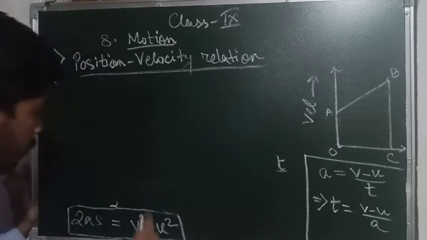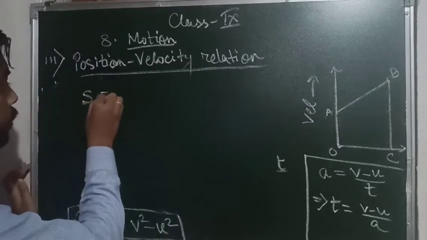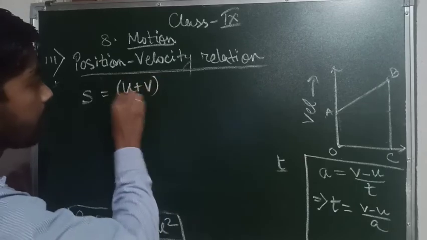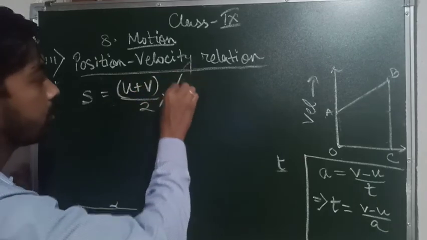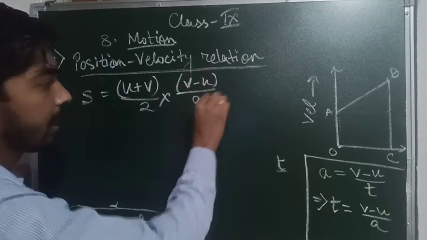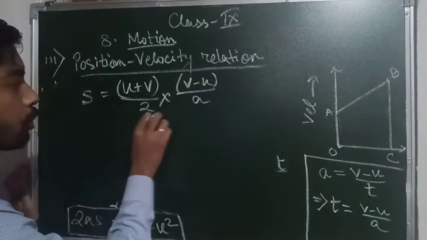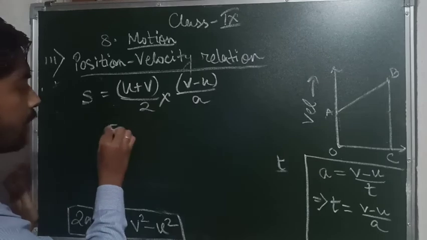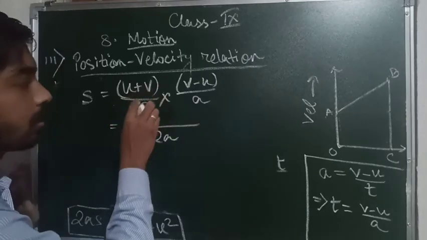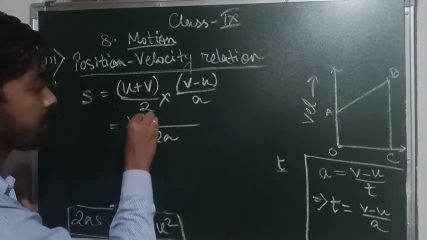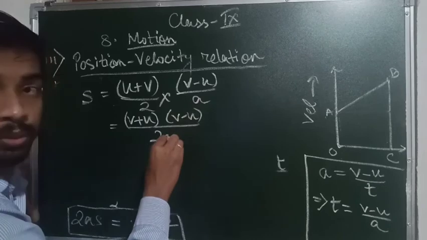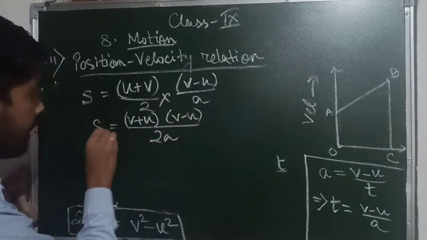So if you want to know S equal to u plus v by 2 into v minus u by a, what happened here in this part? So 2 into a, it becomes 2a, and here u plus v we can write as v plus u, and this is v minus u, and this will go this side.